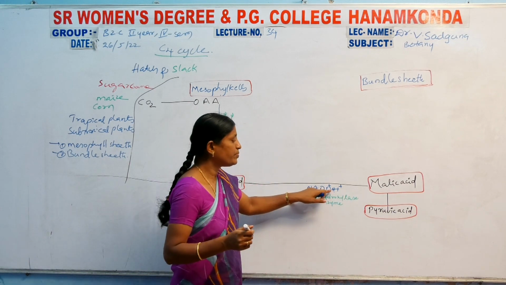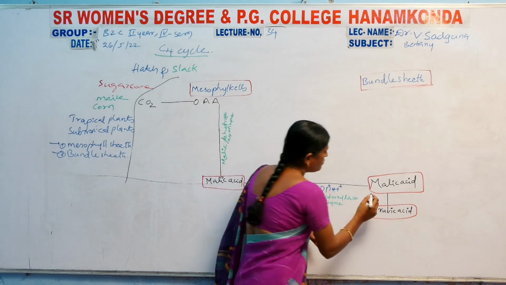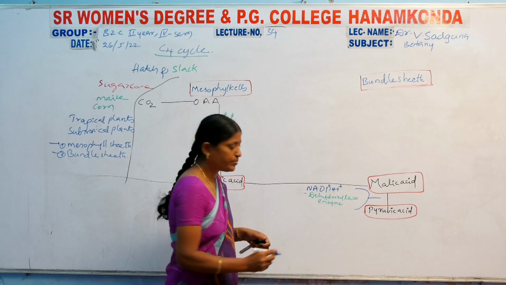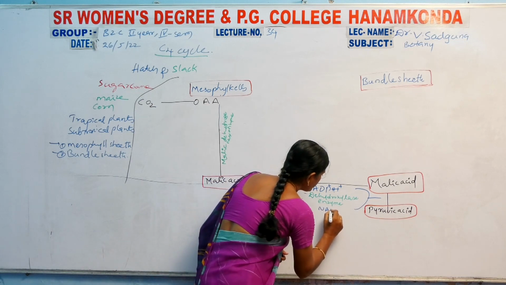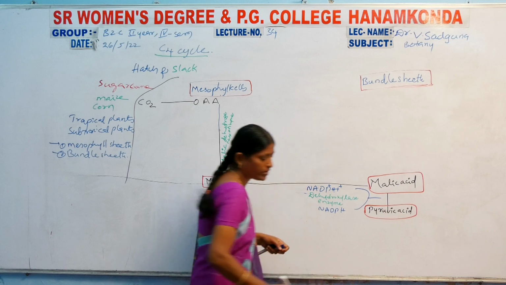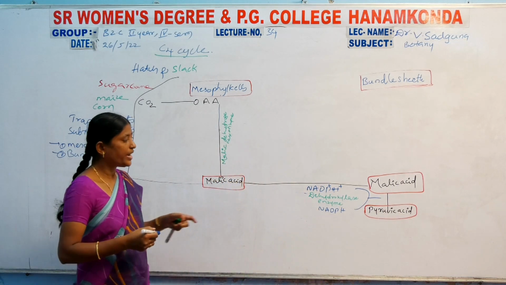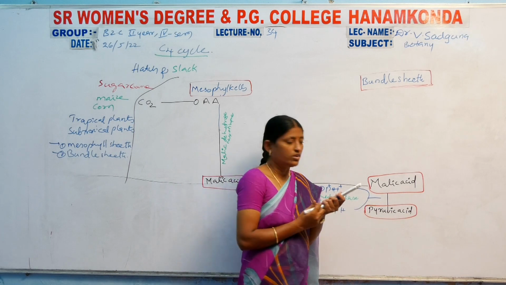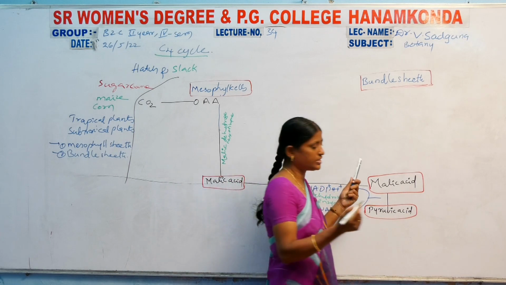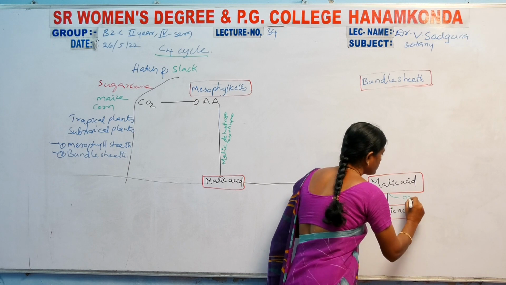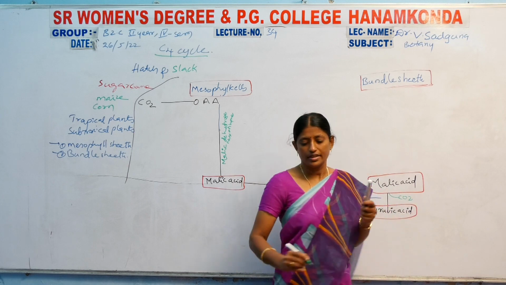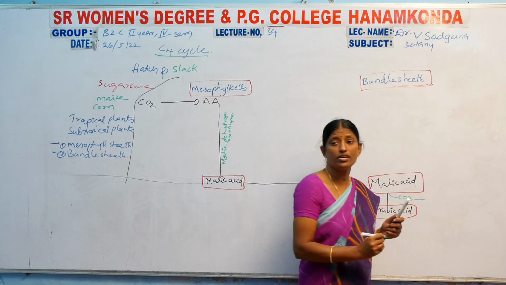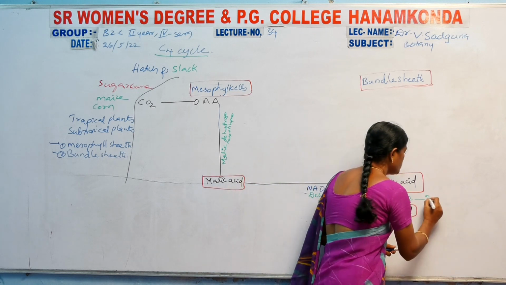Then NADP plus H plus is converted into NADPH in this reaction. Okay. Then the pyruvic acid, when the malic acid is split, releases CO2. Then the CO2 is converted into the first product of the RuBP.